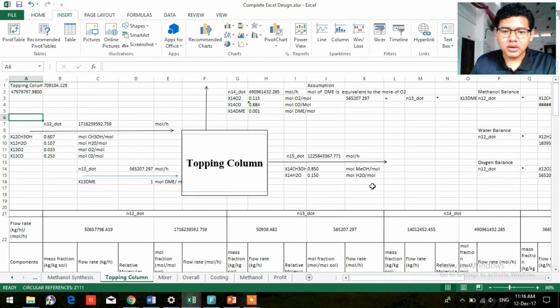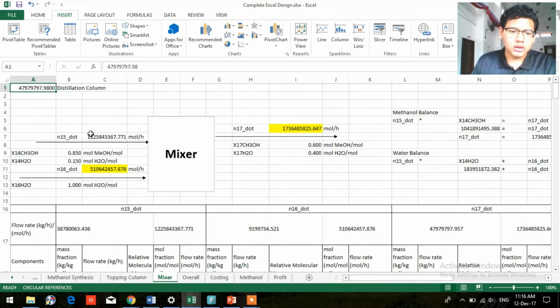So the liquid product from the topping column, we flow it through to the mixer. In the mixer, the flow rate is approximately 12,000 million mole per hour, and we mix it with water so we get the purity that we want, which is at least 60%.